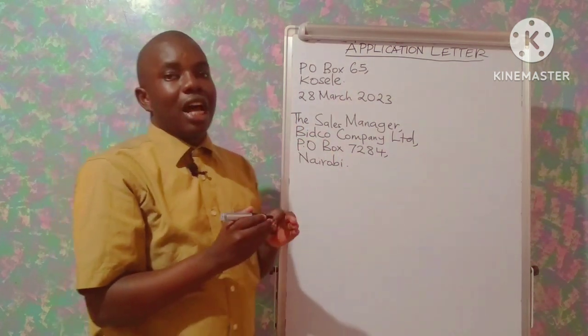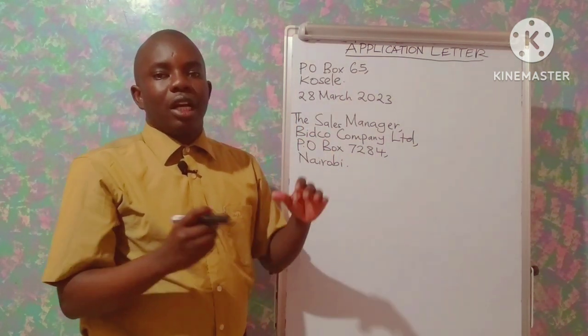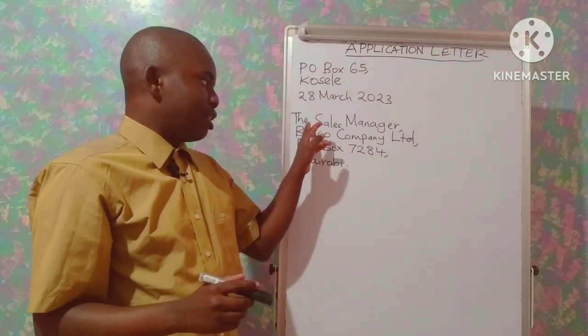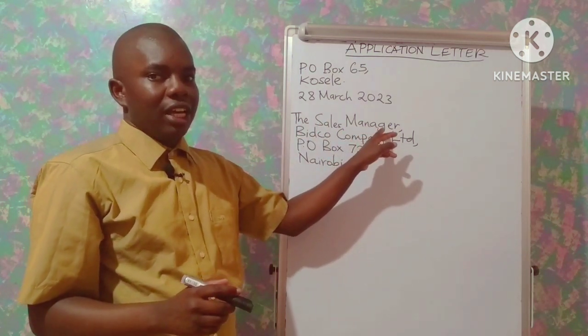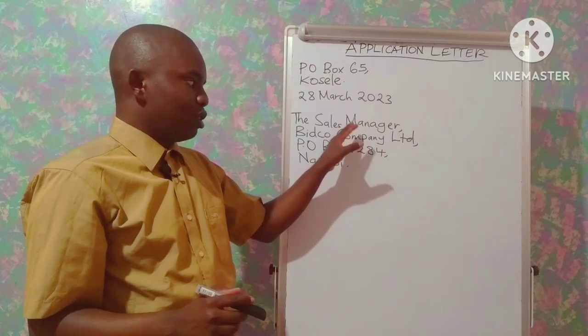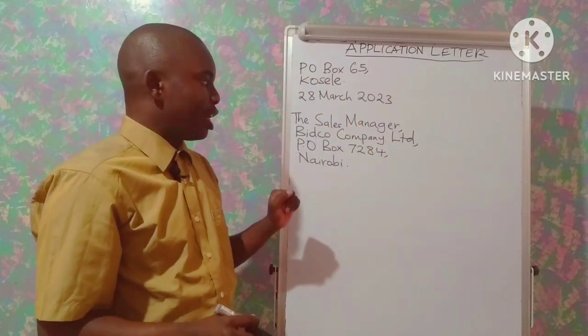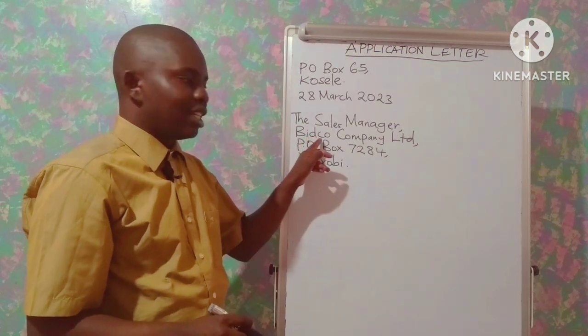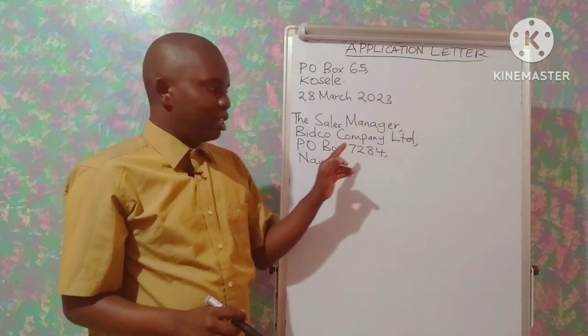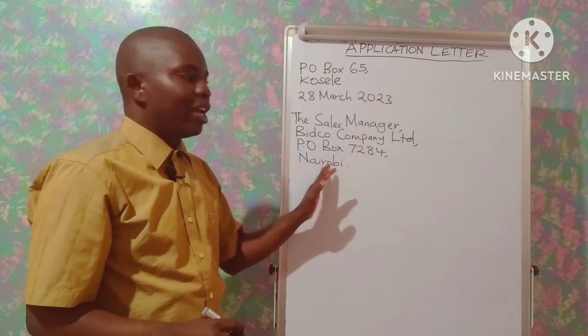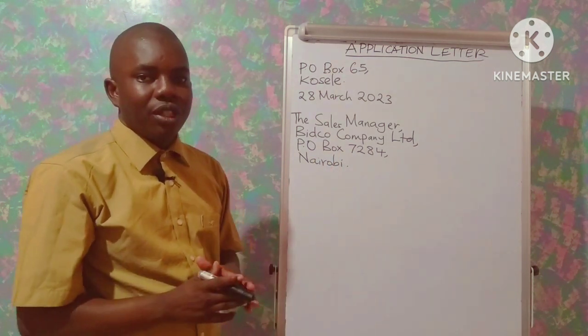So this is a sample company address. The first one, the designation of the person's title to whom you are directing the letter. Then after that, there is the name of the company, the box number, then lastly the town.